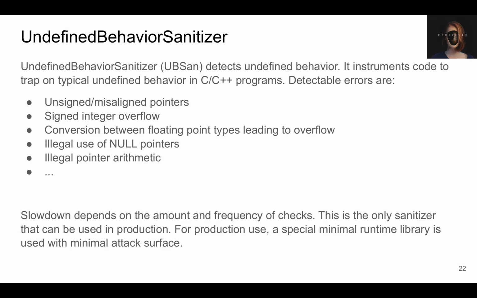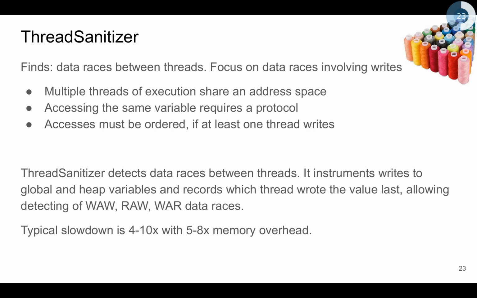Cool. Another one is thread sanitizer. So thread sanitizer finds data races between threads and focuses on data races involving writes. So it keeps track, for each memory write, in the data structure of which thread ID wrote to a certain area last, and it also keeps track of locking primitives to make sure how different data accesses are shared.